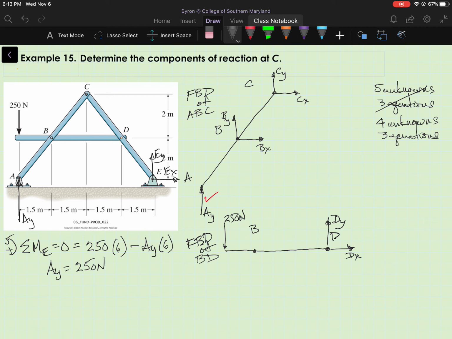If I look at the combination of the free body diagram of ABC and the free body diagram of BD, and then at B, this is where you have to be careful.